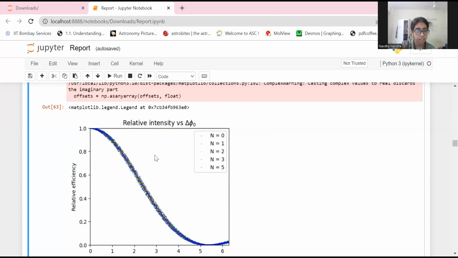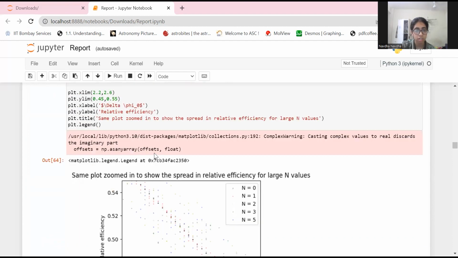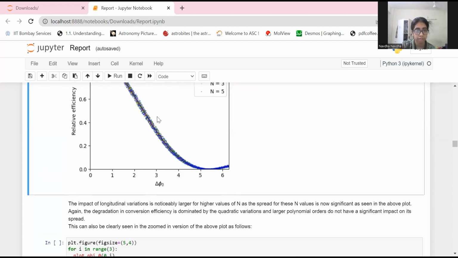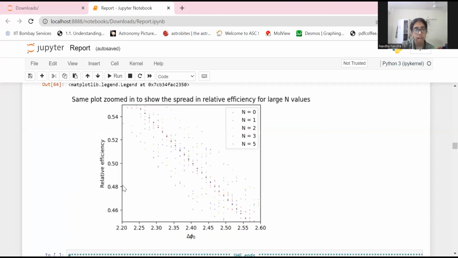This is again even more clear if we just zoom in around the center of this curve. Delta phi naught here varies from 0 to 2 pi. If we zoom in around the center of this curve, we see clearly that first of all, for higher orders, the spread is the maximum. There is some spread for n equal to 1 as well, and n equal to 0 is just one line here.